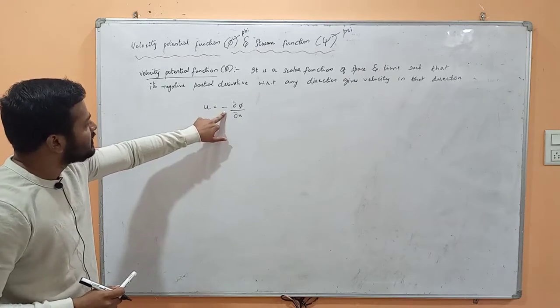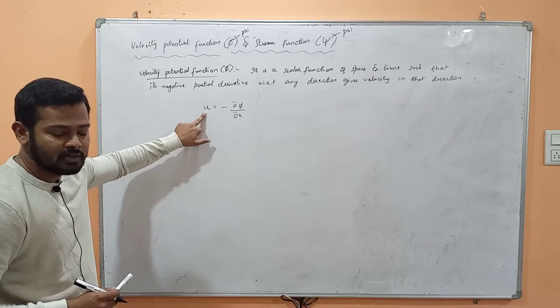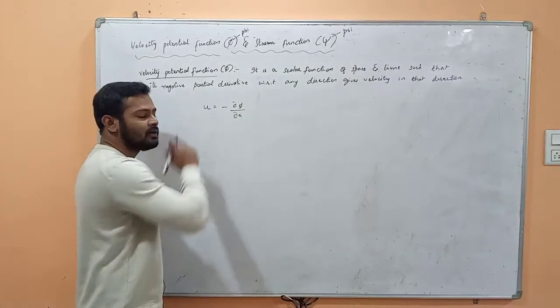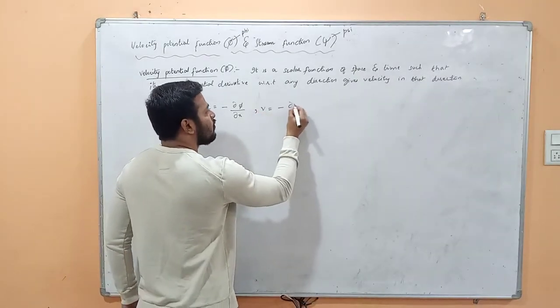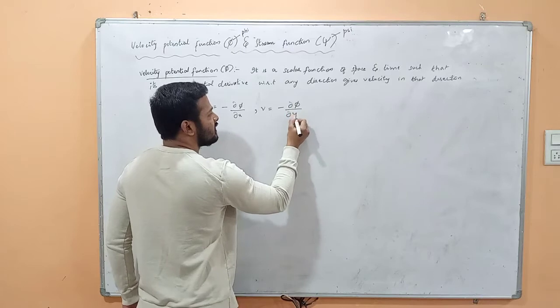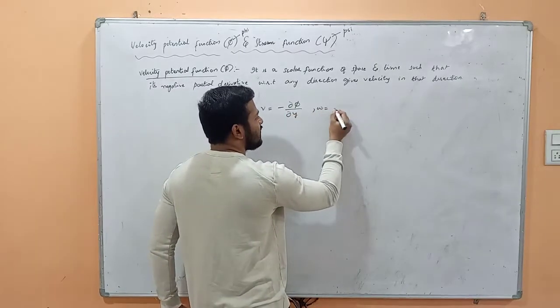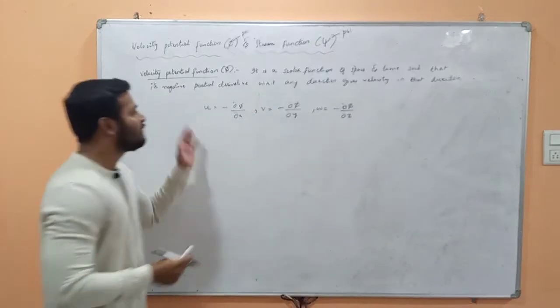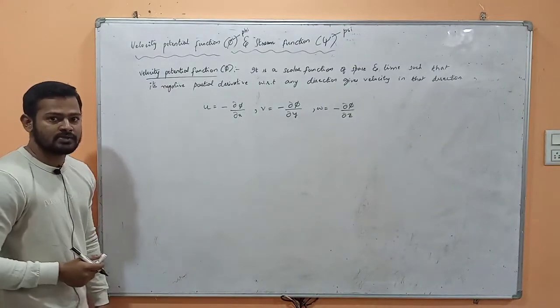Similarly, if you differentiate in y direction with a negative, you get velocity in y direction. If you differentiate in z direction, you get velocity in z direction, because u, v and w are velocities in x, y and z directions respectively.